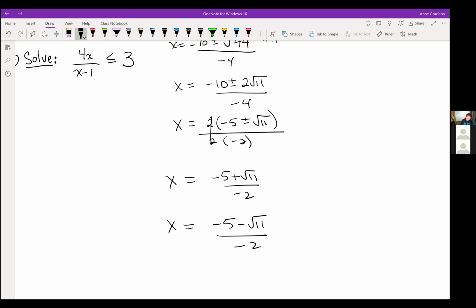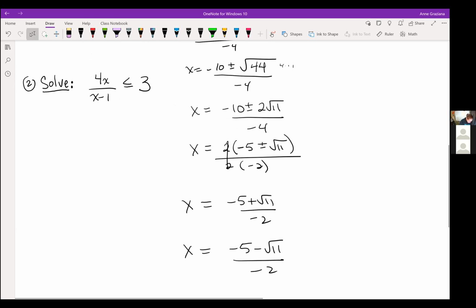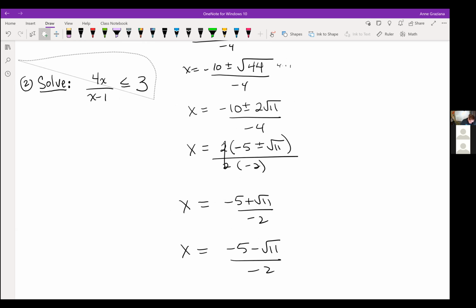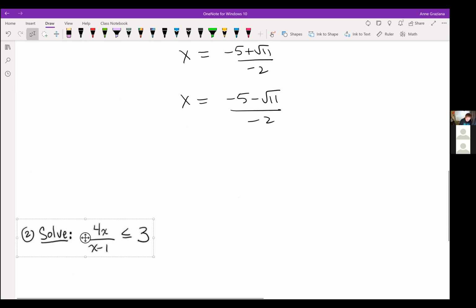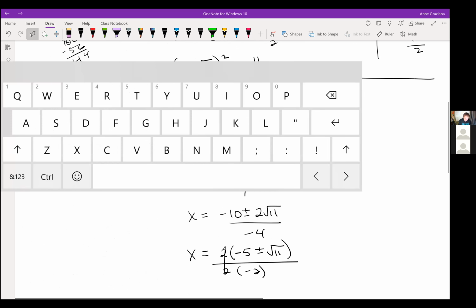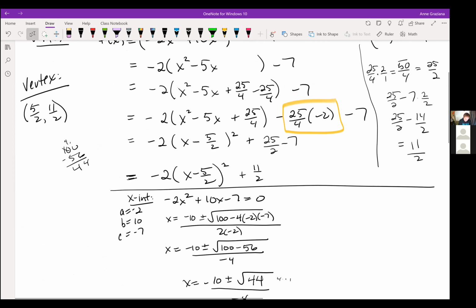And weirdly enough, the top one is probably going to be something negative and the bottom one positive, but I don't know. We'll see. Let me move this further down. Okay. All right, now the y-intercept is much easier.